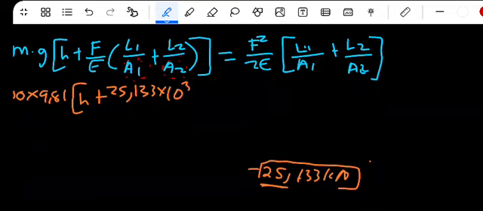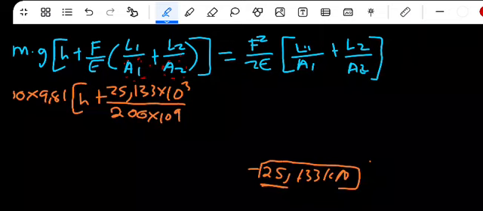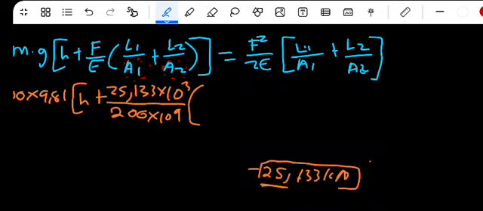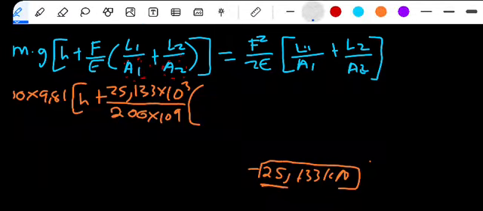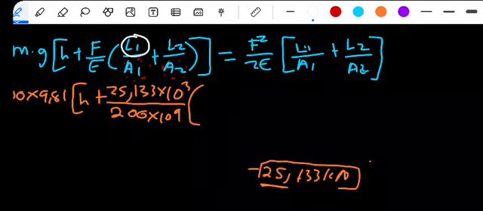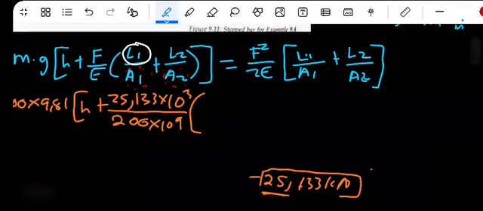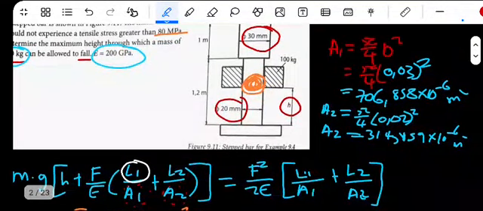So divide by Young's modulus of elasticity, 200 gigapascal, into the length of bar 1. What is the length of bar 1? It's 1 meter, as you can see there.